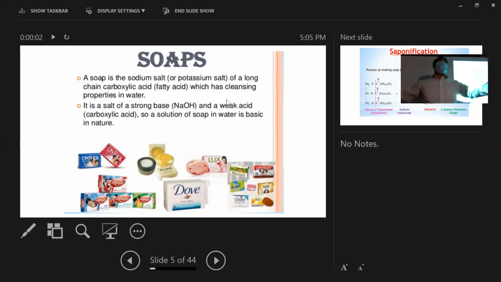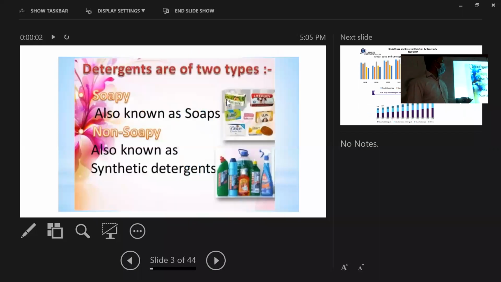We have a very long hydrocarbon, and later we will show examples one by one. It is a salt of a strong base, sodium hydroxide, and a weak acid, carboxylic acid. So a solution of soap in water is basic in nature. I'll discuss that, but first I want to show you what this is.